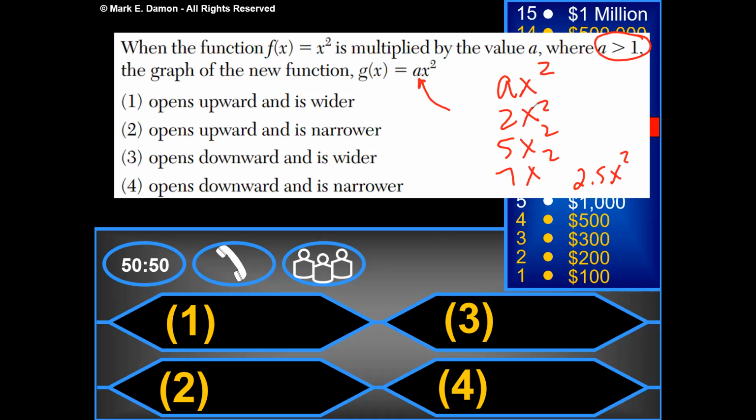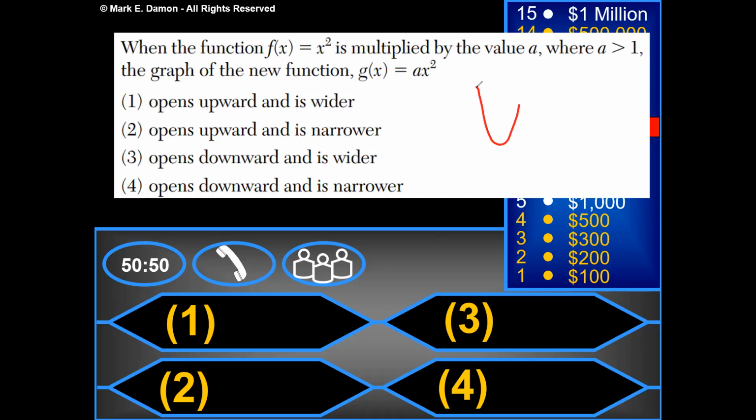But we know that it is greater than 1, therefore it is positive. So anything that is positive is going to be an upwards facing parabola. So we know that already. Our common sense is that it's a positive coefficient. Positive coefficients are upward or concave up. So 3 and 4 are out.